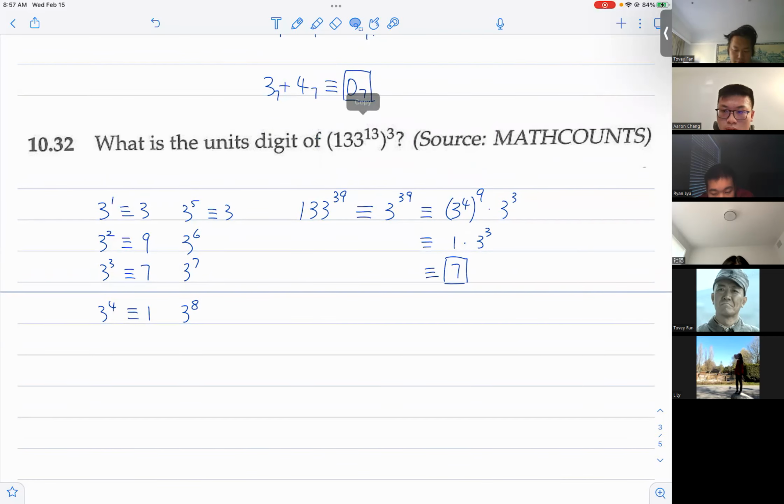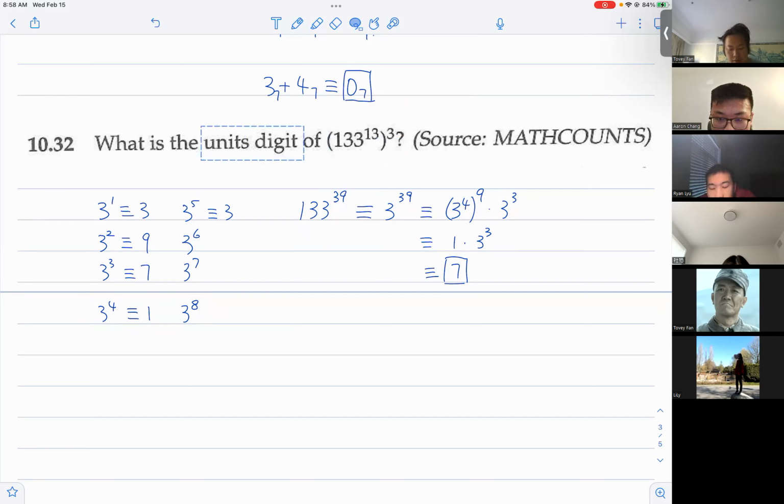Okay, in this kind of question, we first construct a table for 3. We know that for 3, we have a cycle of 4: 3, 9, 7, 1, 3, 9, 7, 1. That means whenever the power of 3 is a multiple of 4, the units digit will be 1. For this question, you first open up brackets, you have 133 to the power of 33.